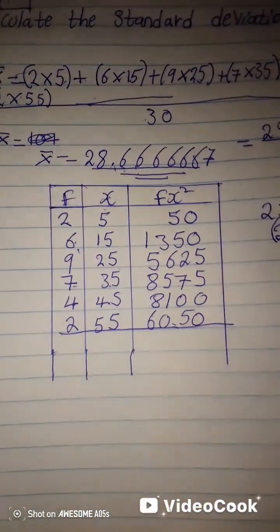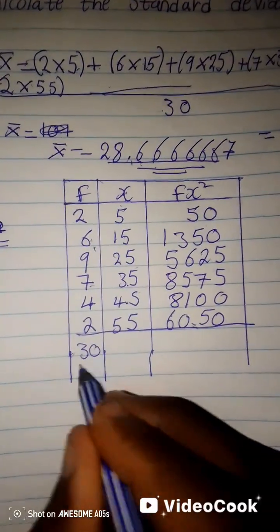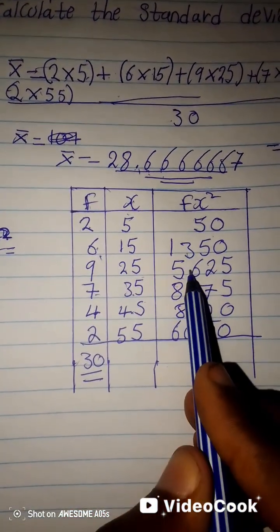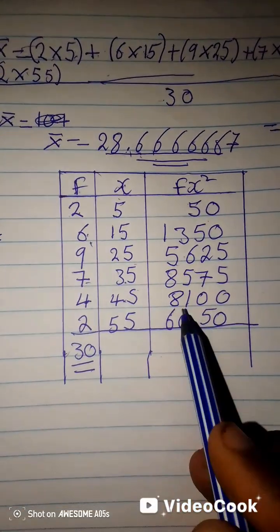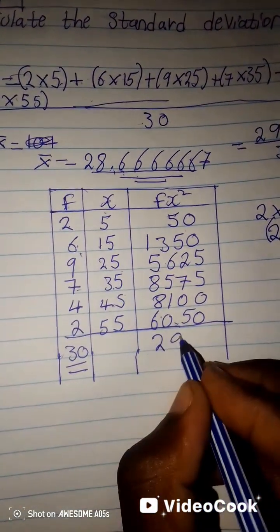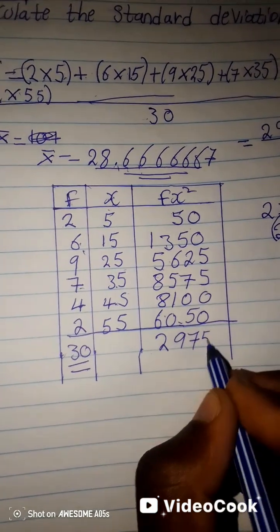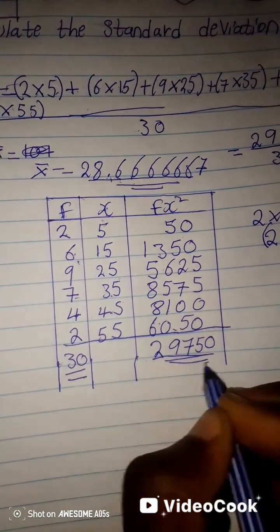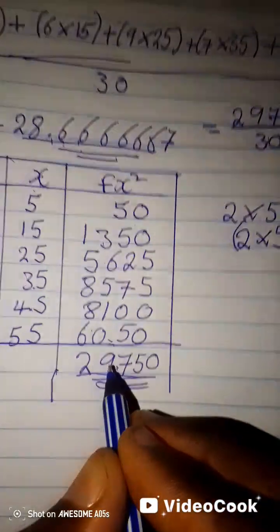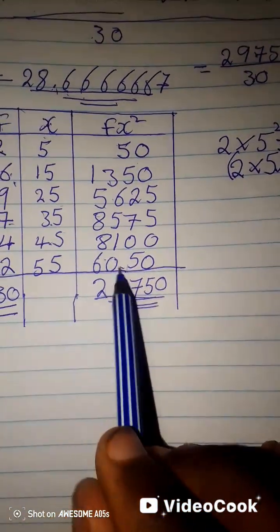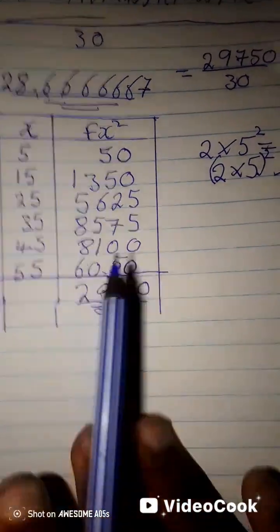If you add the frequencies you are getting 30. When you add 50 plus this plus this plus this plus this plus this, you are getting 29750. It should give you this as your total.